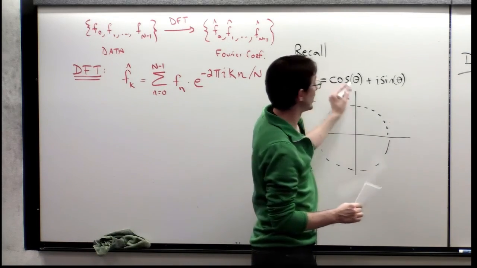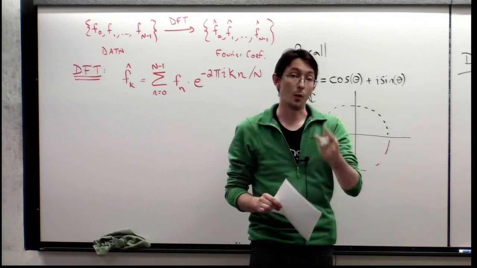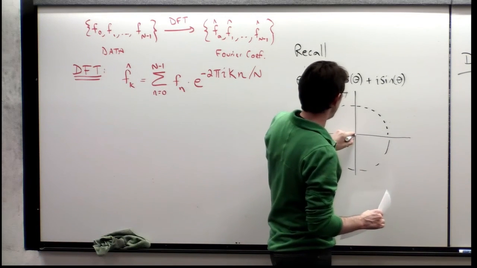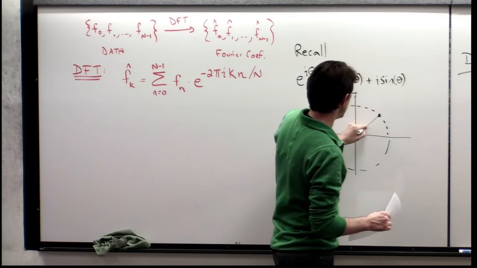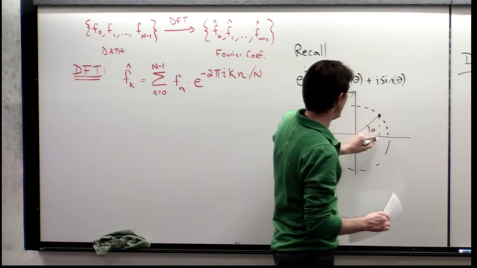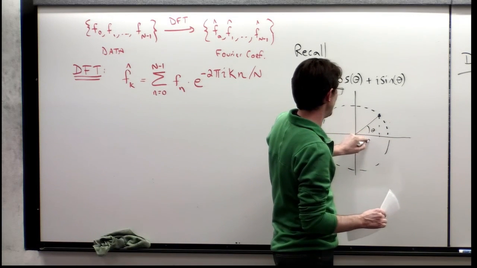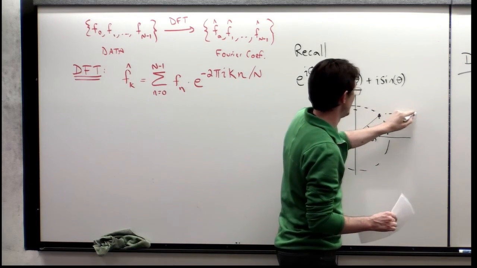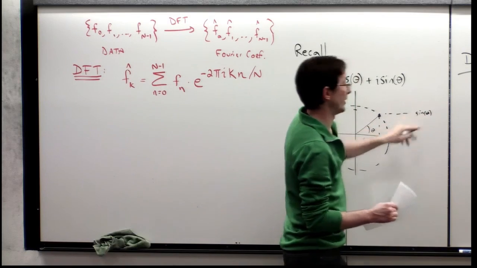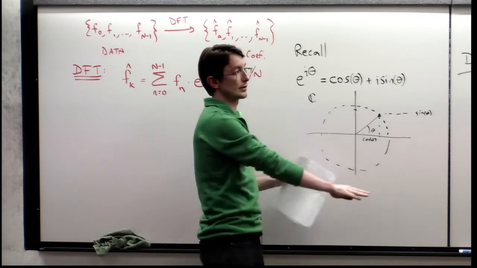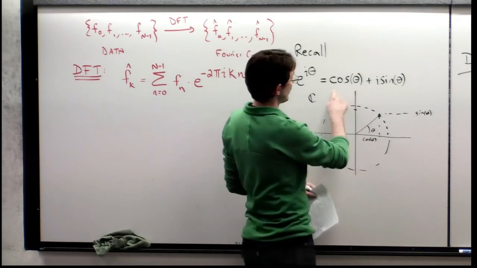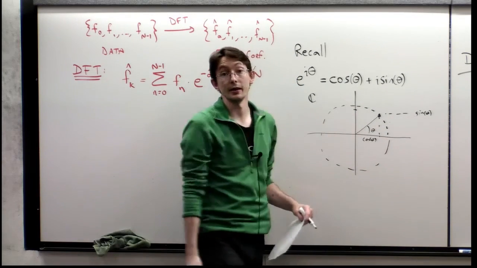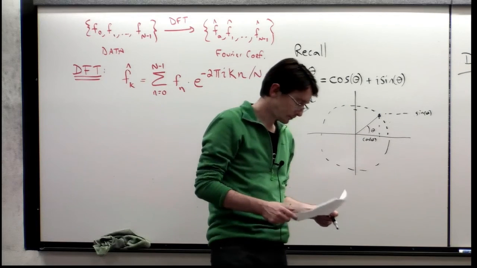So all of these points have unit length 1 in the complex plane, and the angle is given by theta. This is theta. My real part is cos theta, and my imaginary part is sine theta. That's exactly what this formula is saying. These define a complex number with coordinates cos theta in the real direction, sine theta in the imaginary direction.